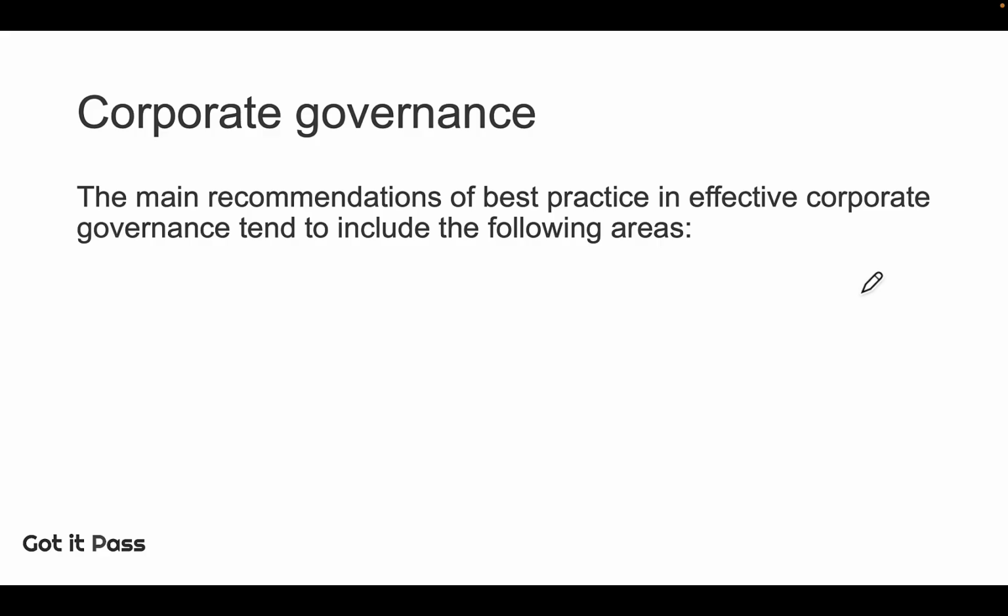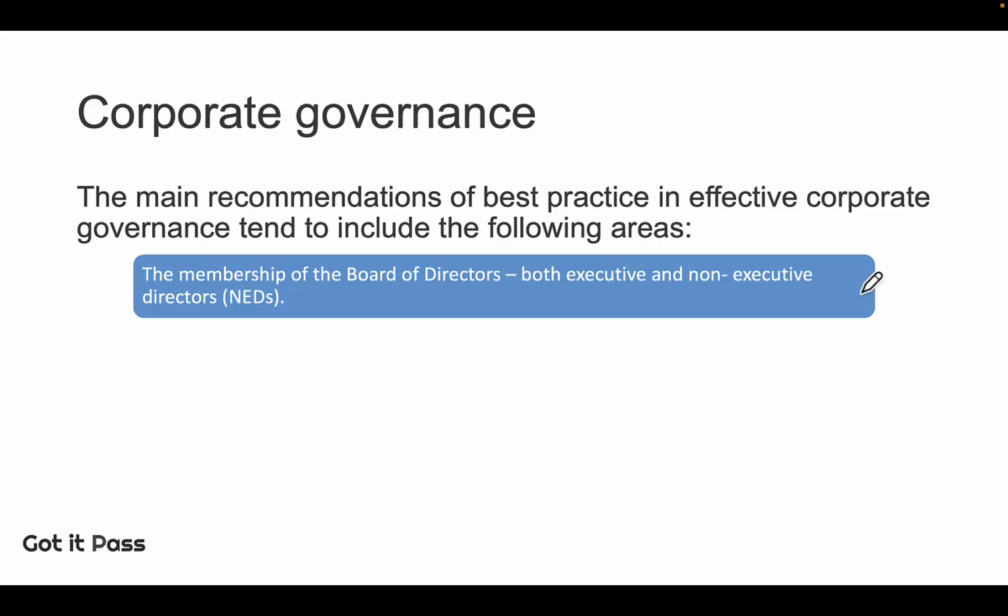The main recommendations of best practice in effective corporate governance tend to include different areas. First, the membership of the board of directors. We have executive directors and non-executive directors. So the membership of directors is not all the same, and we should have a ratio. We will explain the composition of the board of directors in a later part of this class.